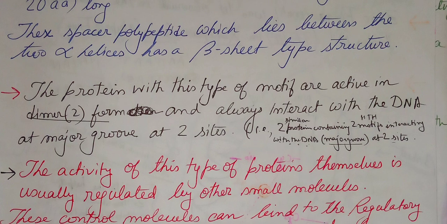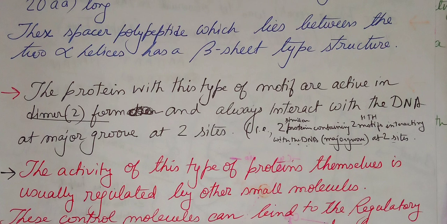Now this is important: those proteins, maybe transcription factors or some regulatory proteins, which have this type of helix turn helix motif, are active when they form a dimer. Dimer means two proteins are required to activate that function.